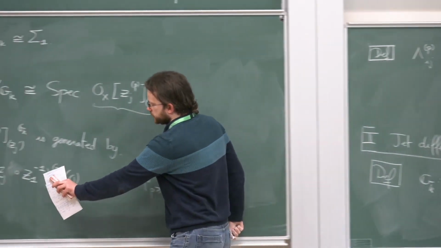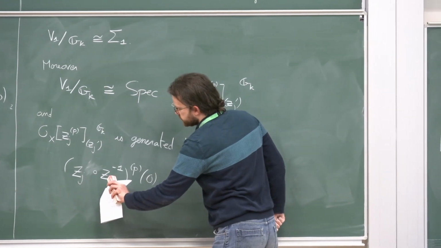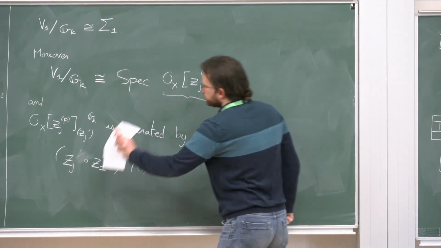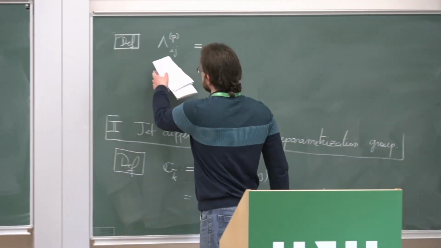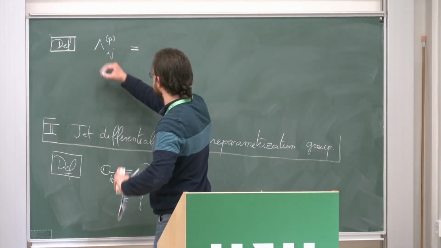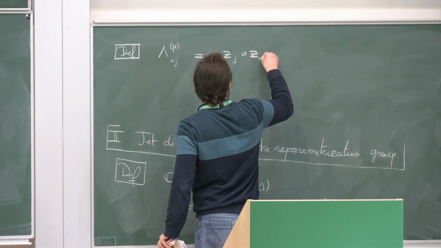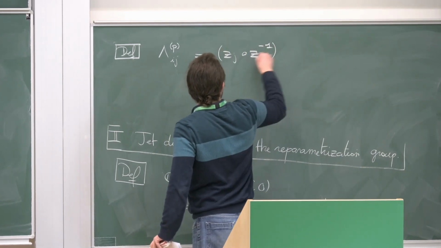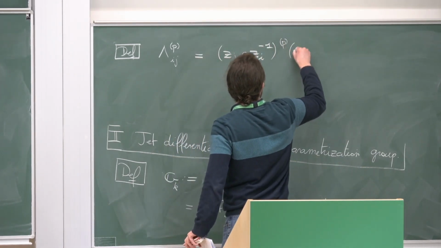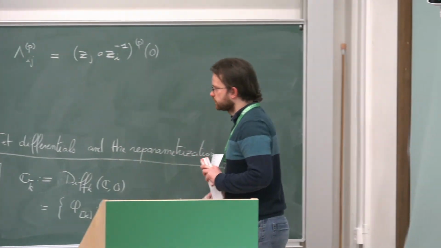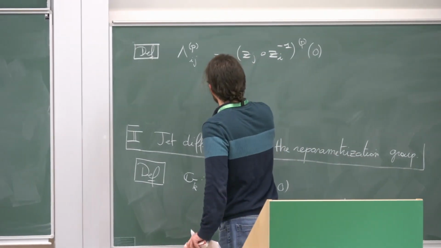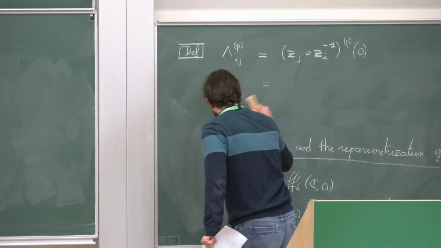So here I did the proof in the chart z1 prime different from 0. I'm going in my definition to go ahead and move to the chart Vi. So I take zj rho z1 minus 1, derivative p times, and I take the value at 0.